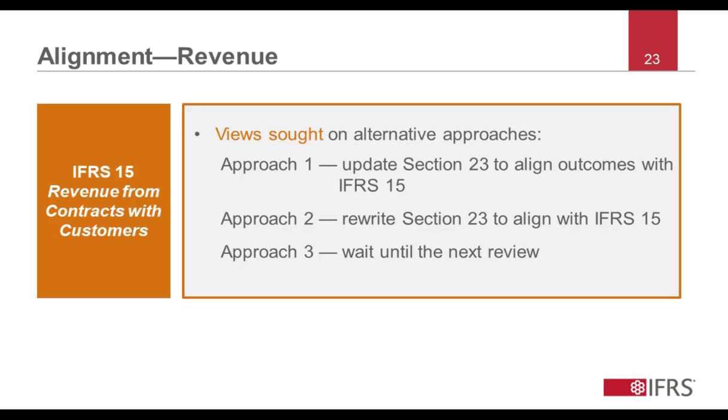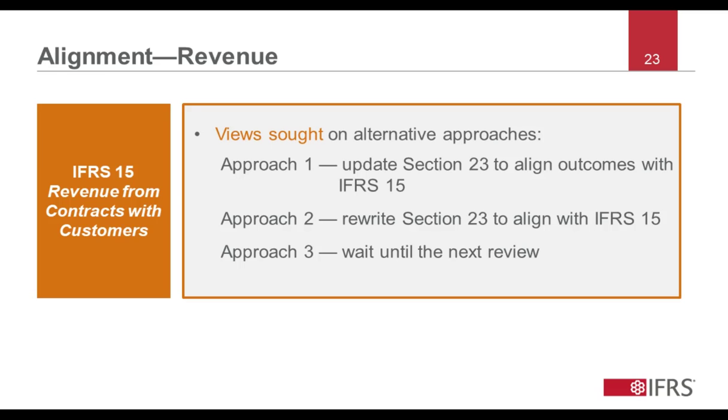But when we looked at simplification, the board was conscious that although IFRS 15 introduced a stronger and more robust framework for recognising revenue, many of the outcomes for recognising revenue in the more straightforward transactions that SMEs undertake might not be significantly different between alignment with IFRS 15 and what's already in the IFRS for SMEs standard.